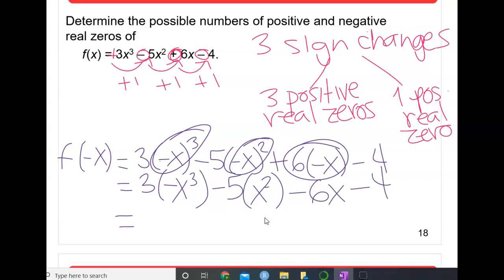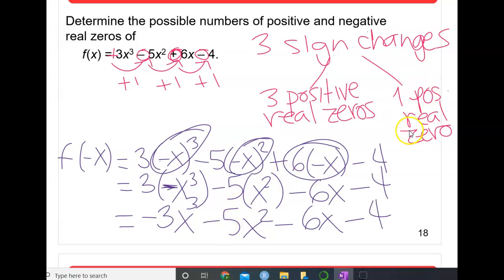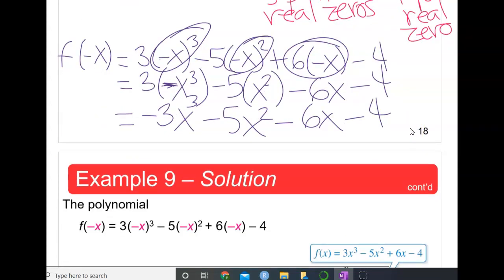So then finally, we multiply 3 times negative x cubed, so negative 3x cubed minus 5x squared minus 6x minus 4. And as you can see here, we have no sign changes. They're all negative.